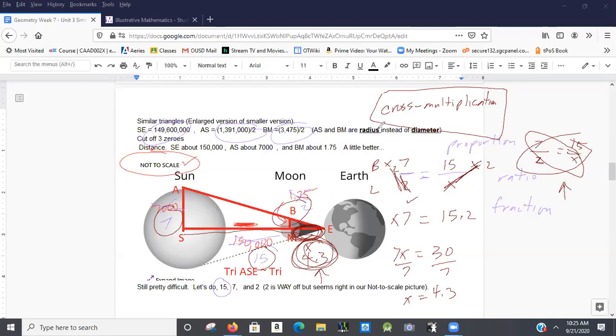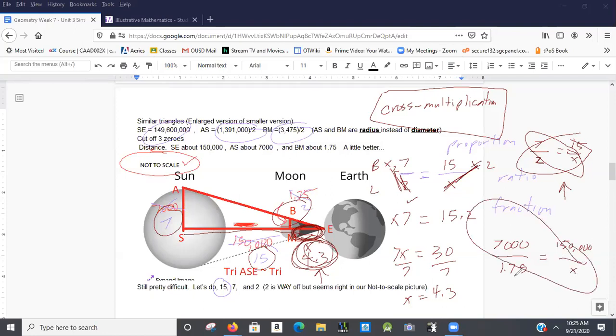Okay, now if I wanted to, I could go back and solve the original problem now. It's the same thing. The original problem I would put in using my adjusted numbers. In fact, I could do it with the original one, but if I do it with my adjusted numbers, which were pretty close, 7,000 over 1.75 equals, what did we decide, 150,000 over x.